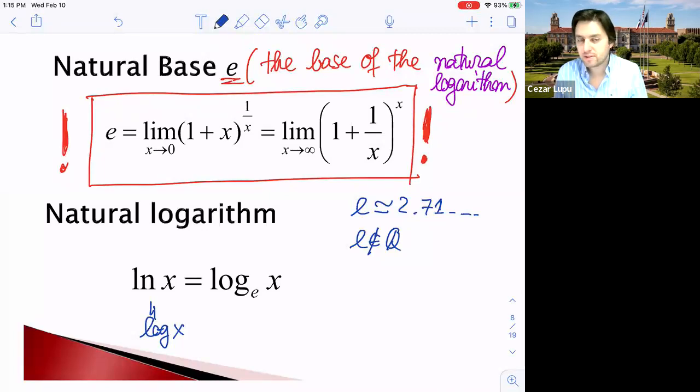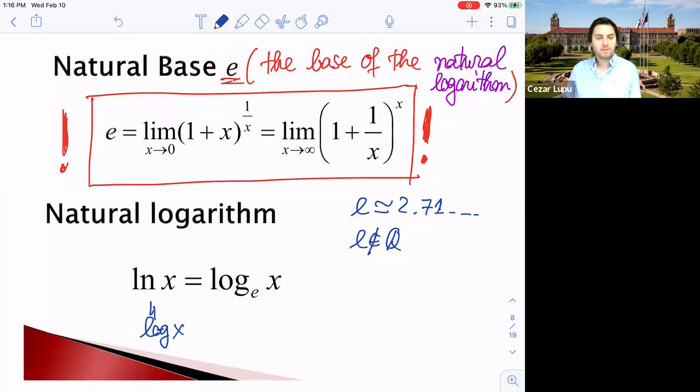It's what we call transcendental. It's like an alien number, just like pi. You cannot name too many of them, but there are plenty of them, as you can imagine. But the most well-known aliens are e and pi.